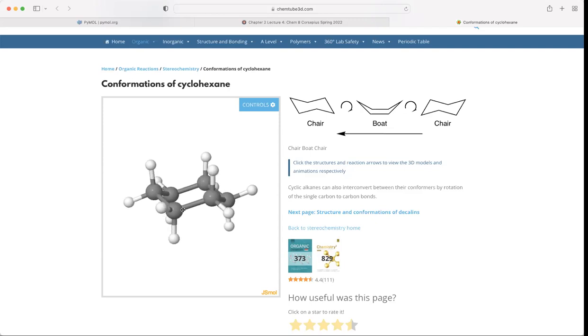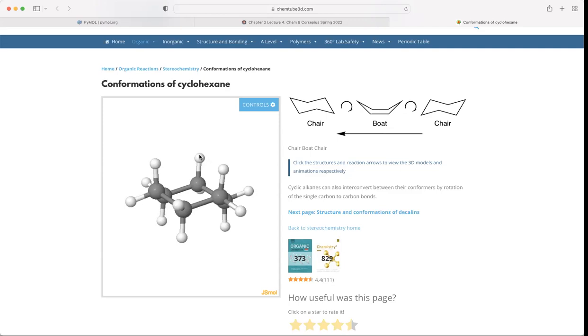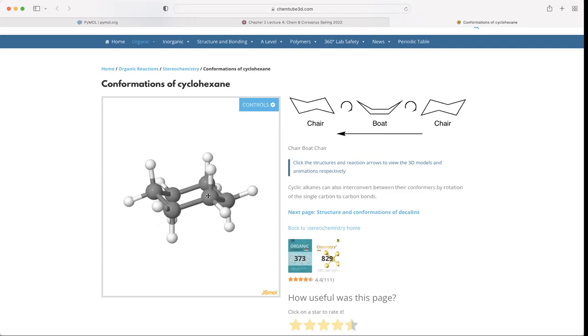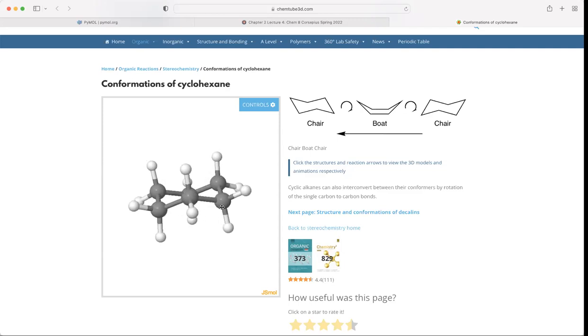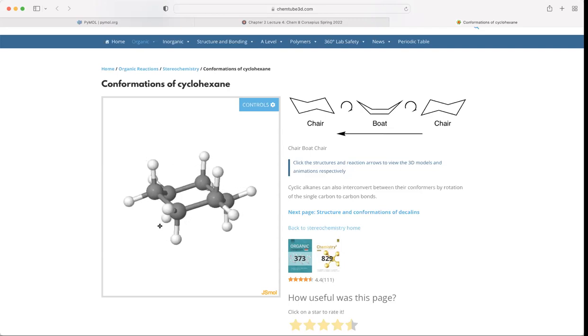On these pointed up carbons, you can see these hydrogens sticking straight up in the air. These are what we call the axial position on these carbons. We have axial positions on the other carbons too, but they're pointed straight downward. And then each carbon also has an equatorial position, which is sticking straight out from the ring.